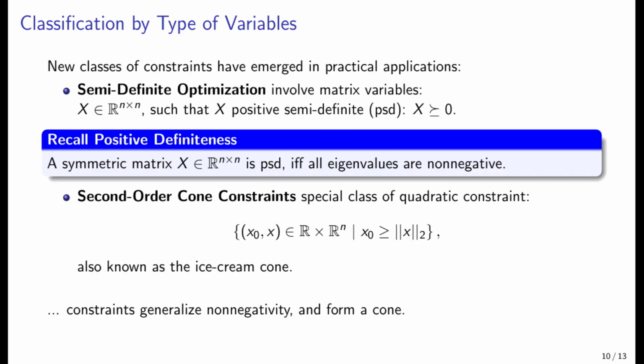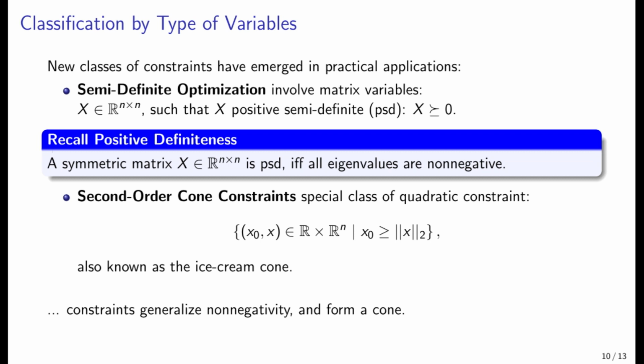Another class of variables are semi-definite optimization problems that involve matrix variables. So here now, the variable x is a matrix, a square matrix that's positive semi-definite, meaning all its eigenvalues are non-negative. And the class of problems that we'll talk about tomorrow are second-order cone constraints.